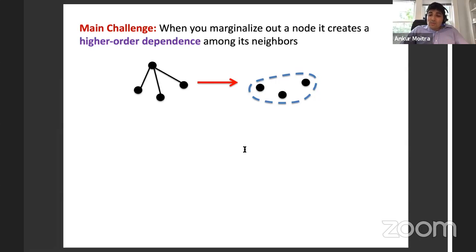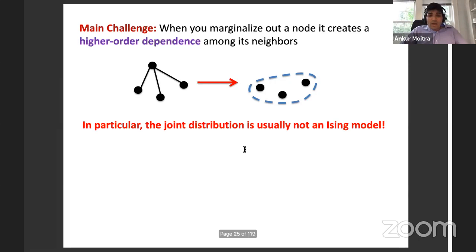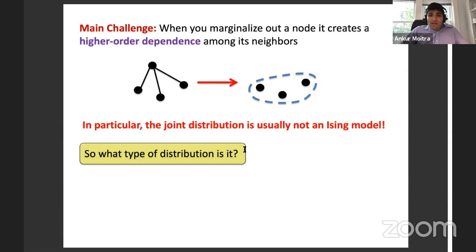My resulting distribution is no longer an Ising model. It's actually something more complicated that has a degree 3 interaction. So in particular, the joint distribution on the leaf nodes, when you marginalize out this root node, is no longer an Ising model. So I guess maybe the first question we should ask is, all right, what type of distribution is it?